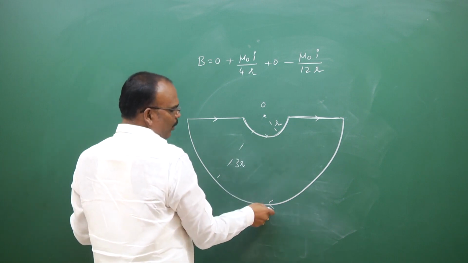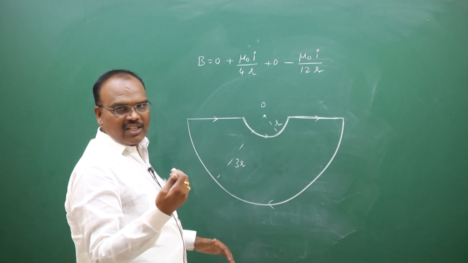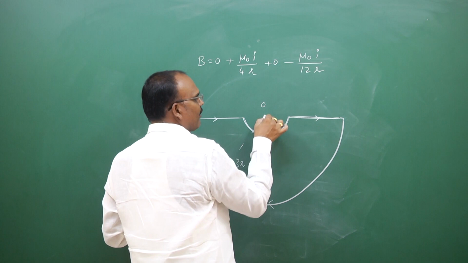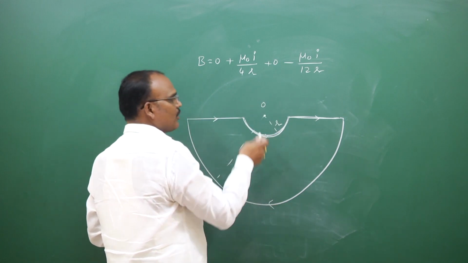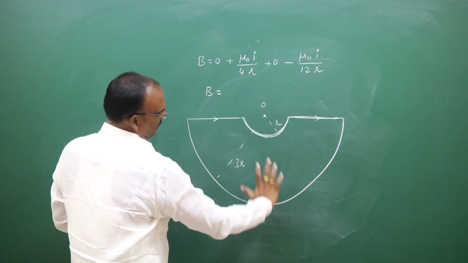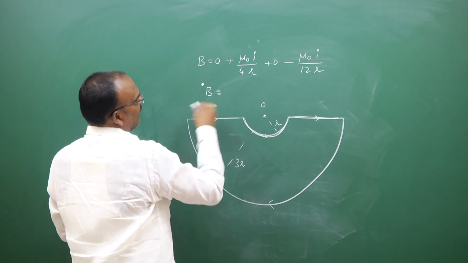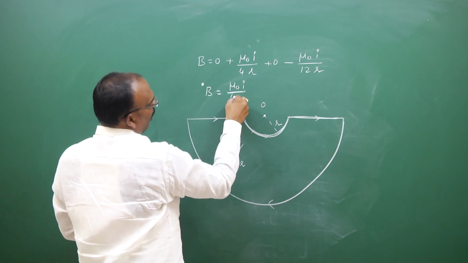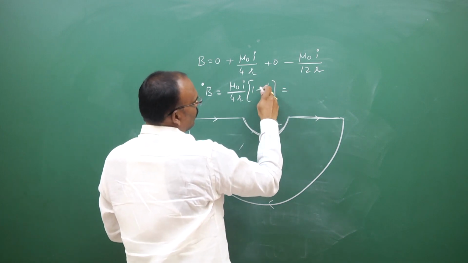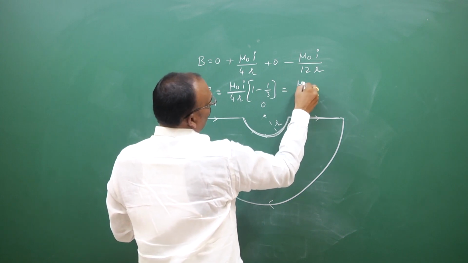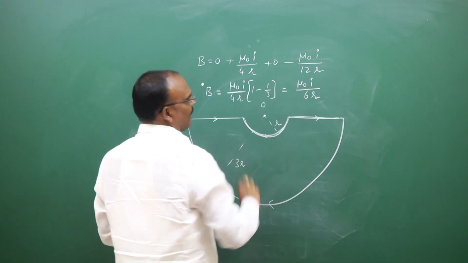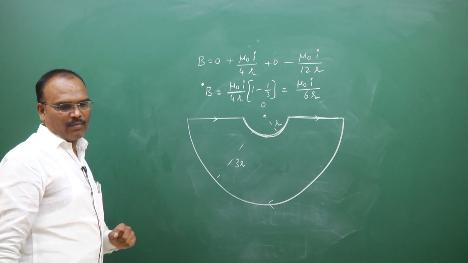So this and this are producing magnetic fields in opposite direction. So we have subtracted. Usually the conductor which is close to the point will produce a strong field. This produces weak field. So that's why net magnetic field, this is out, this is into, so outward magnetic field. Here we'll take mu naught I by 4r common, then you will get 1 minus 1 by 3. This we will get 2 by 3. So mu naught I by 2 cancels for 2 times, 4 3s are 6. So mu naught I by 6r, magnetic field outwards.